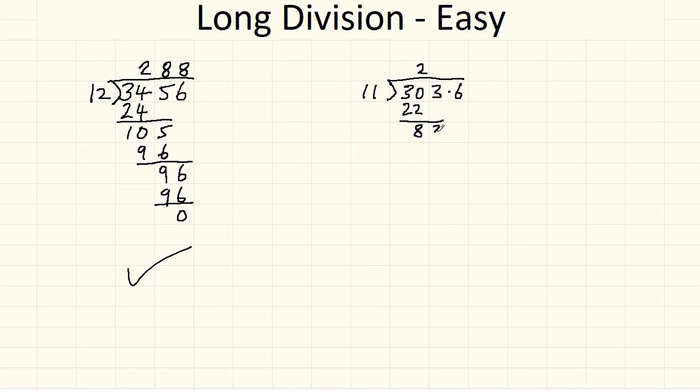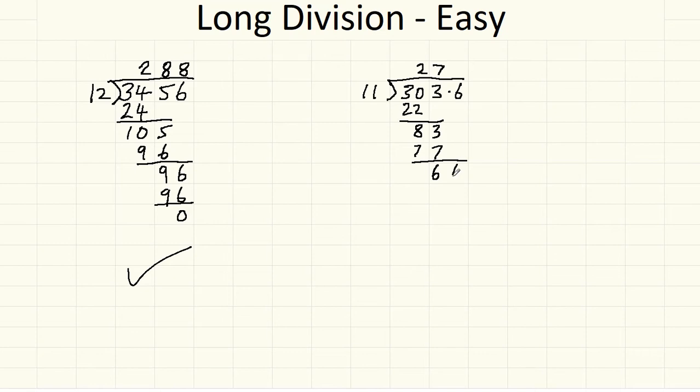Bring down the 3. 11s into 83 go 7. 7 times 11 is 77. 77 from 83 is 6.